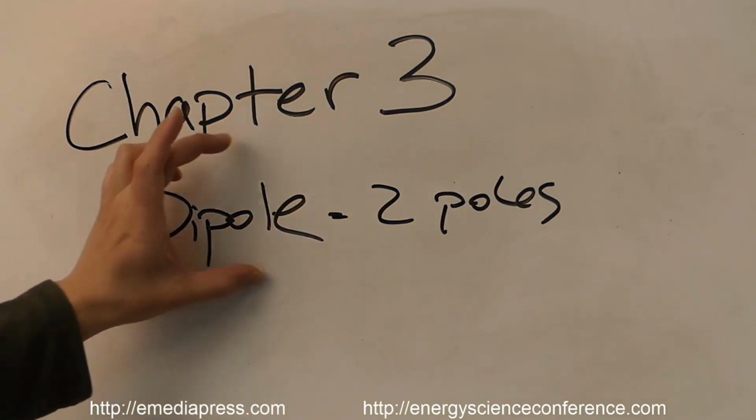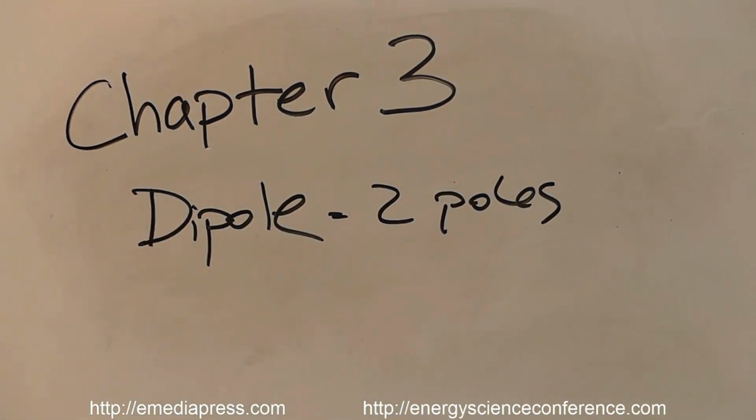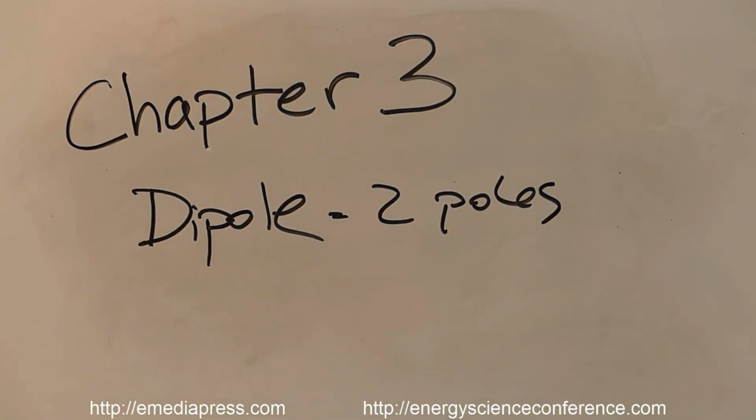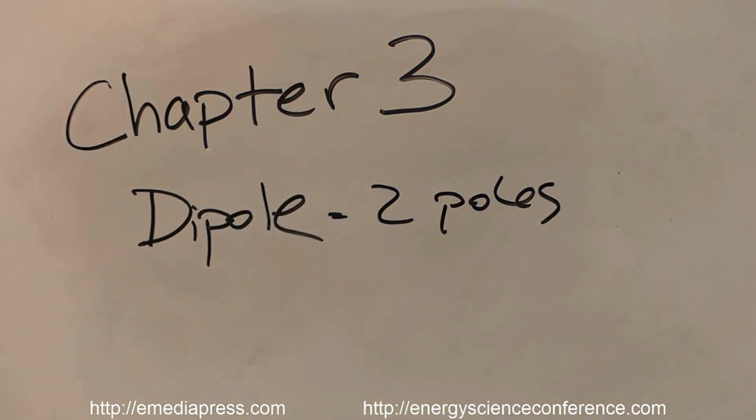And that is by creating a dipole, which means, as I mentioned, Tom Bearden, for example, may say the dipole breaks the symmetry of the virtual photon flux of the quantum mechanical vacuum. When you say it breaks the symmetry, that means you're taking it from a symmetrical state and making it an asymmetrical state where you have a high and a low point within that quantum flux, if you want to use that terminology.